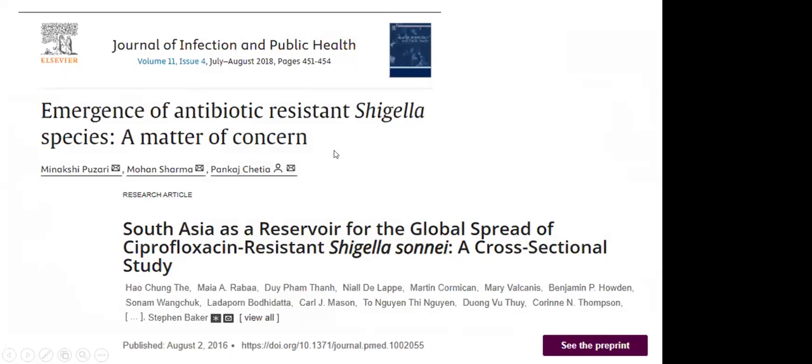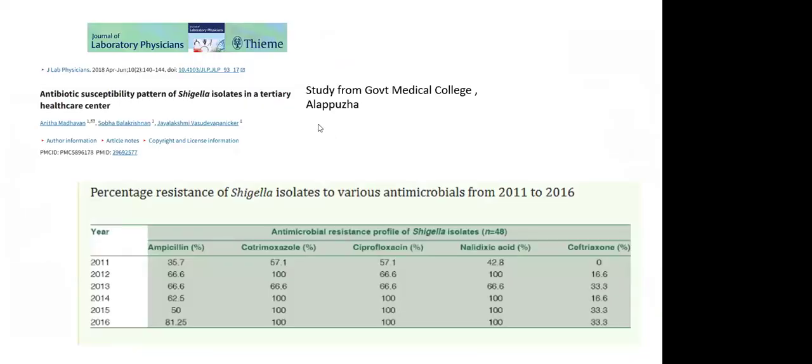There has been an emergence of antibiotic resistance in Shigella species all over the world, where Shigella sonnei ciprofloxacin resistance is there. Even in one study from our Govt Medical College Alappuzha, you can see that from 2011 to 2016 the resistance increased in almost all of the antibiotics we usually use for Shigella.